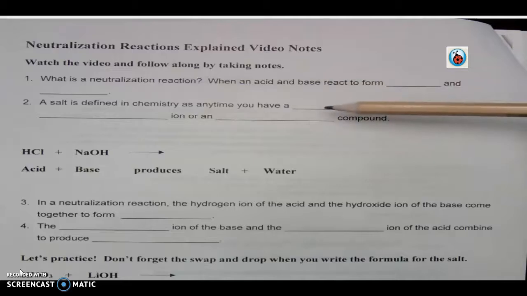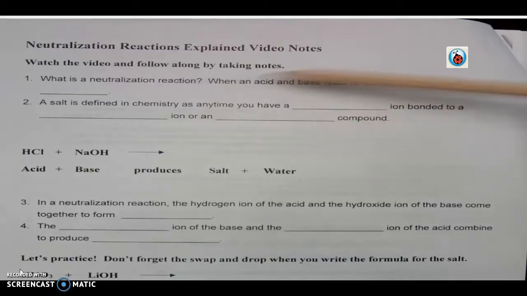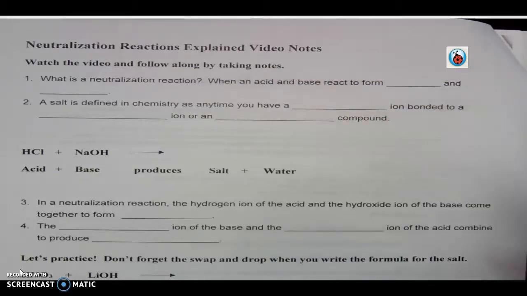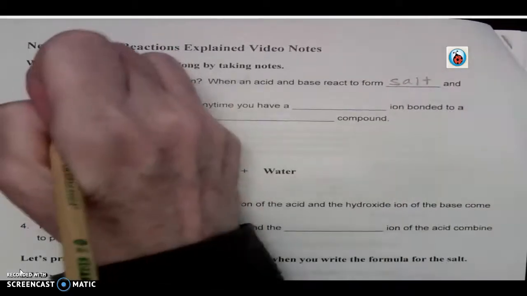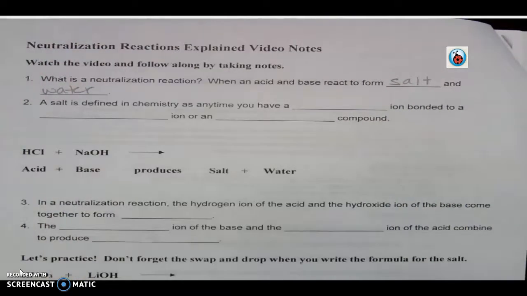Okay, what is the neutralization reaction? It's when an acid and base react to form salt and water. Okay, we learned what an acid and a base is 2 units ago. What's a salt?